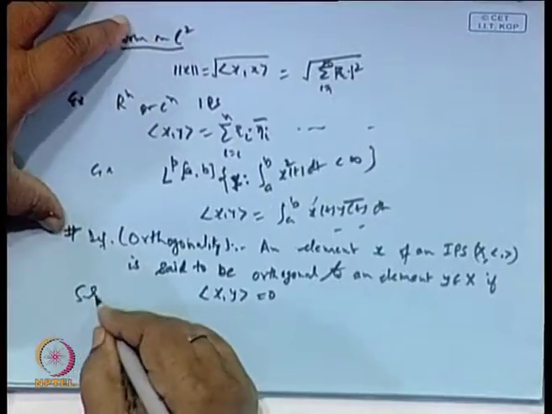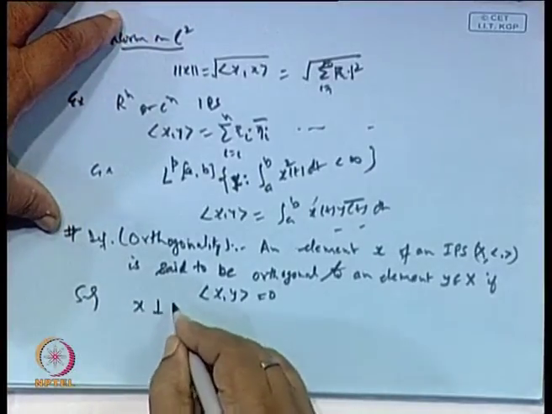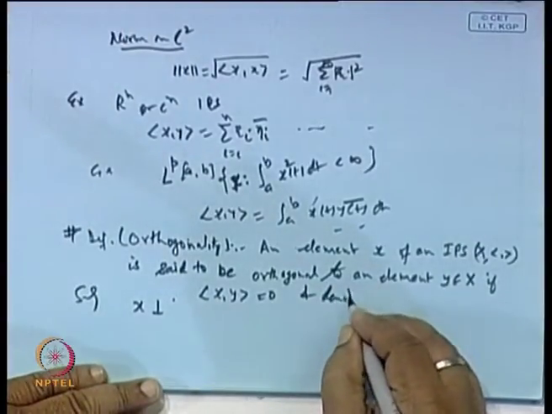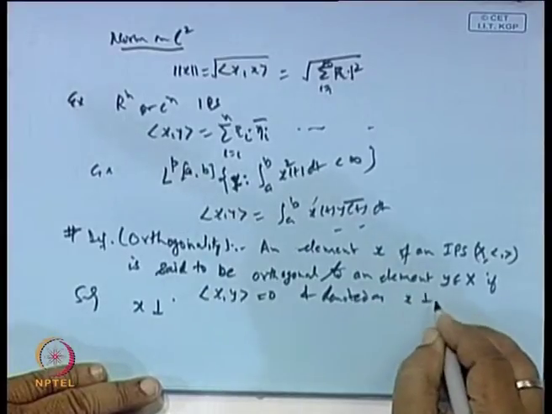Clear? Similarly, suppose x is an element and A is a set of elements. We say x is orthogonal to the set A if the inner product of x and a is 0 for every a belonging to A. This is denoted as x orthogonal to y.